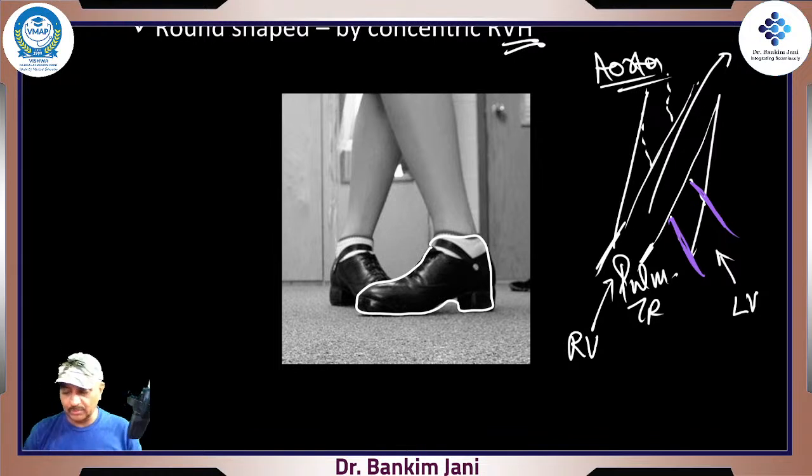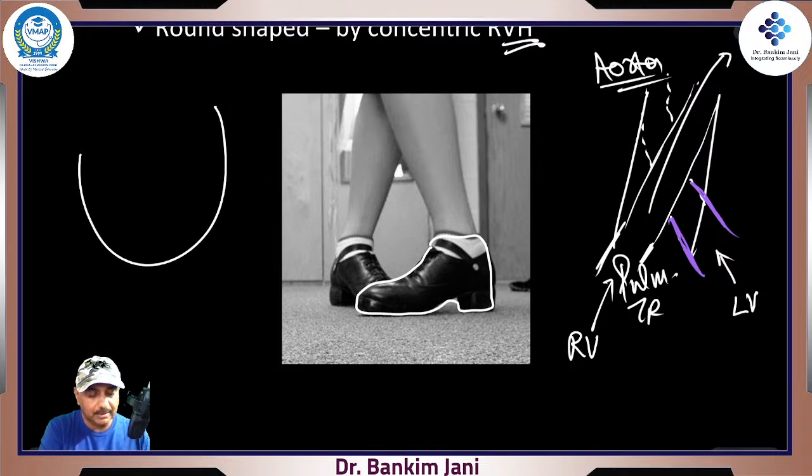So far, so good. But what if this septum formation is such that the situation goes something like this, as we draw our heart? What if the aorta is coming like this?